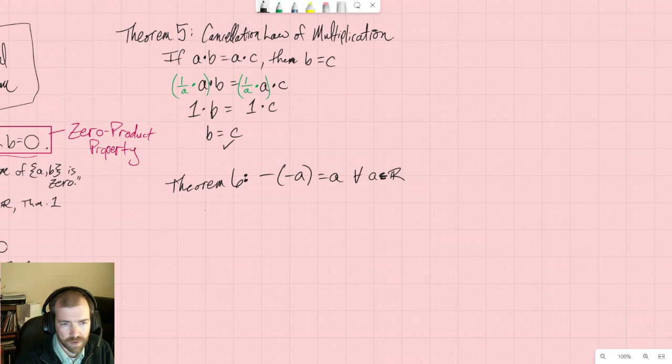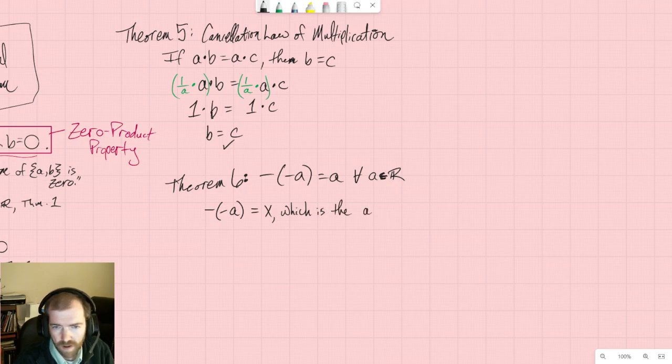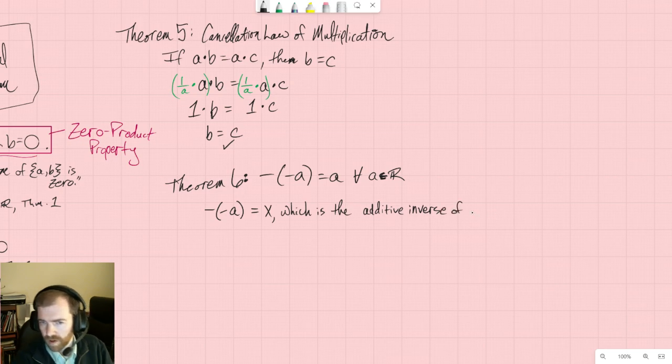So by definition, we have negative A is going to be equal to some x value, which is the additive inverse of negative A.